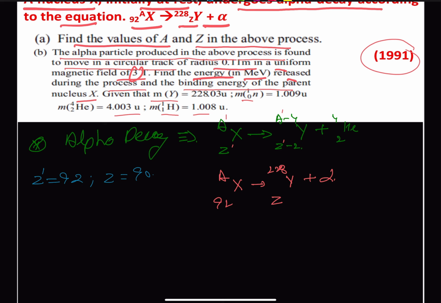We can write that A prime minus 4 will be equal to 228. So this gives us A prime will be equal to 232.